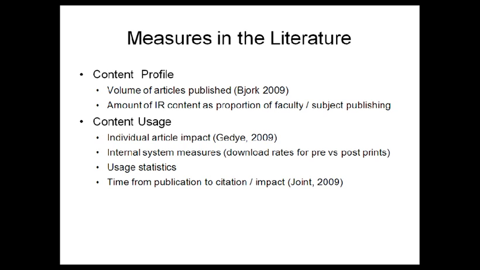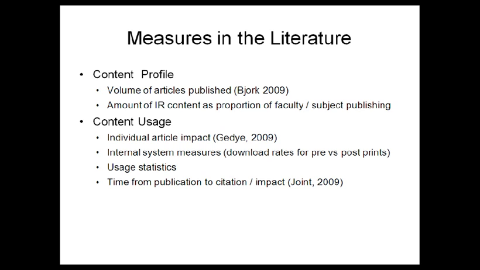Other kinds of usage statistics. An interesting one that we've seen recently talks about the idea that open access doesn't necessarily mean more frequent citation, but it may mean the speeding up of the citation or impact of an article that has been published open access. So does that actually move knowledge along, or does it move research along?